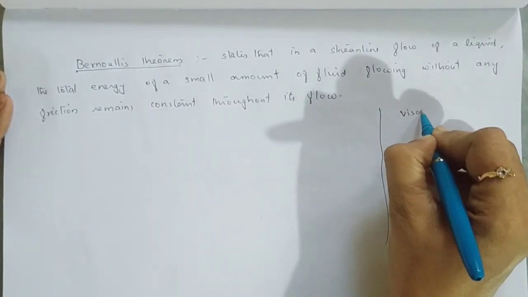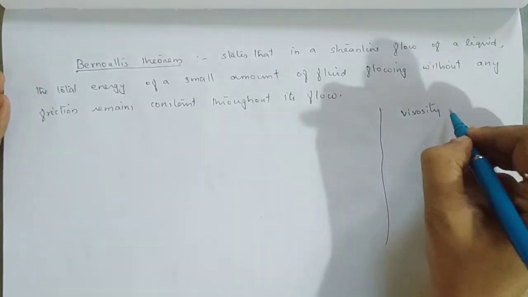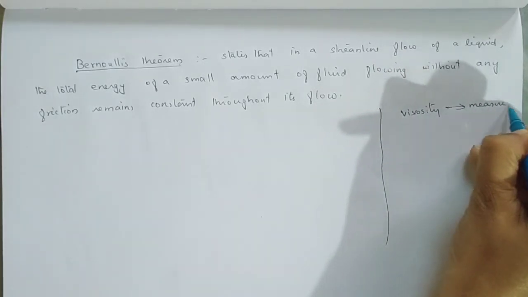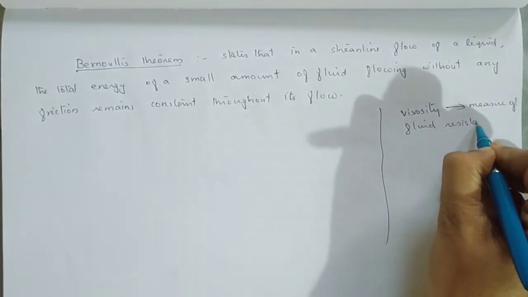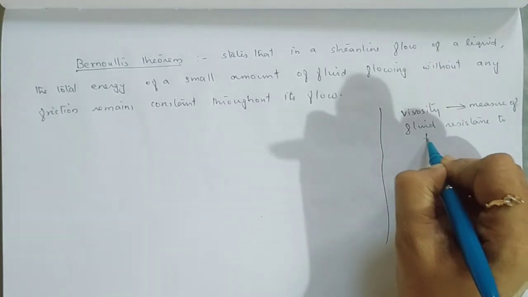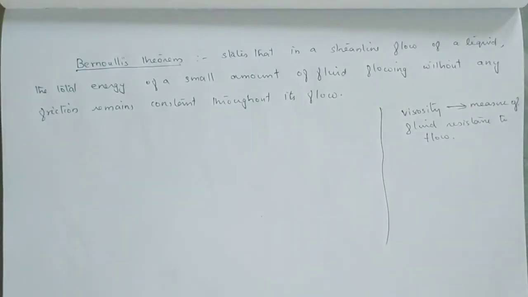The viscosity of honey is more than the viscosity of oil, whereas the viscosity of oil is more than the viscosity of water. So it is the measure of the fluid resistance to flow.